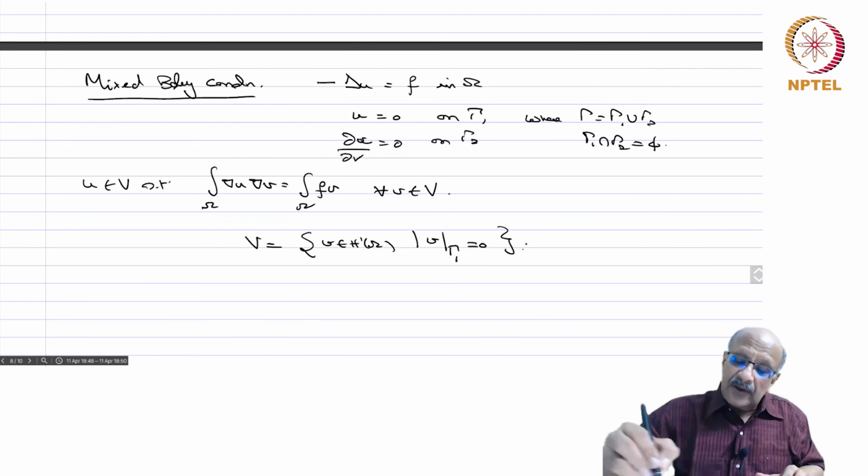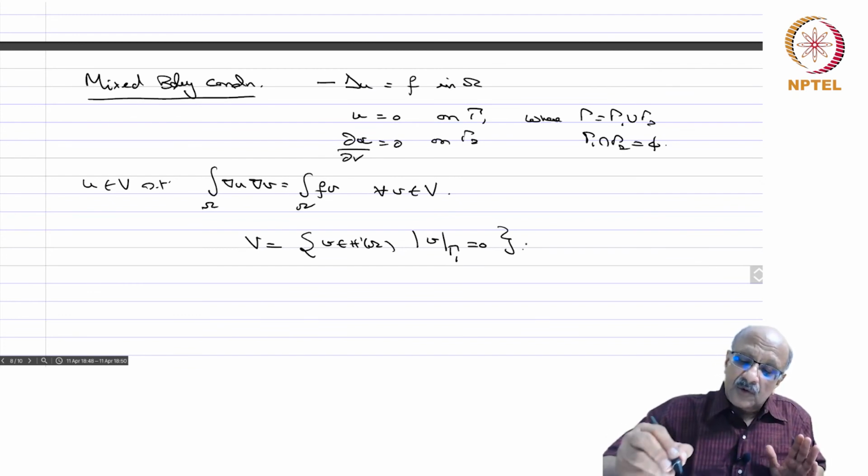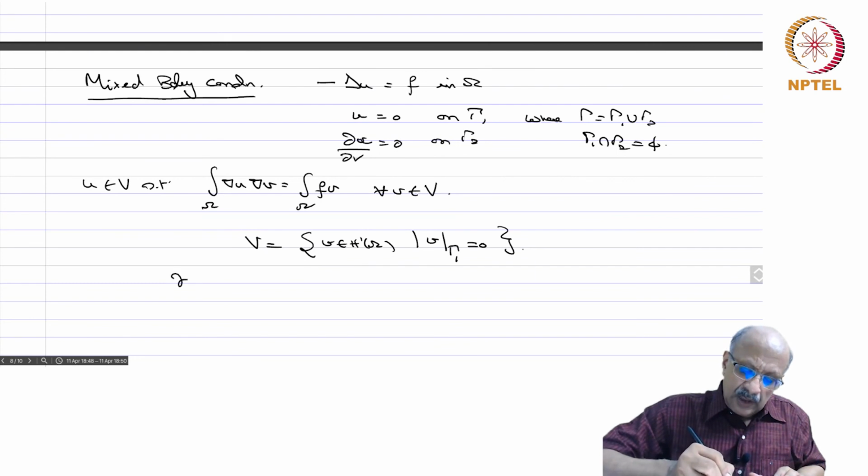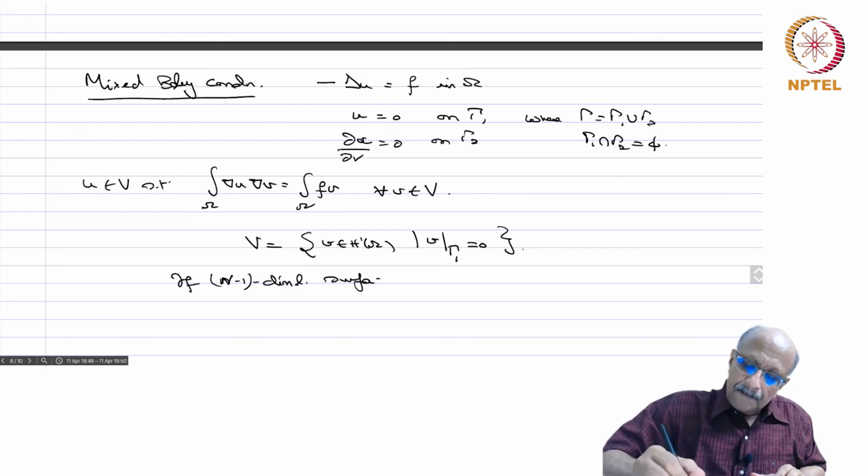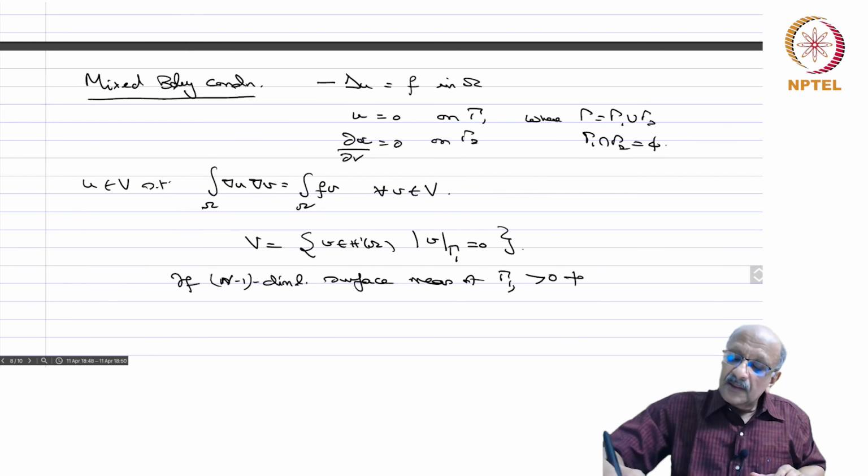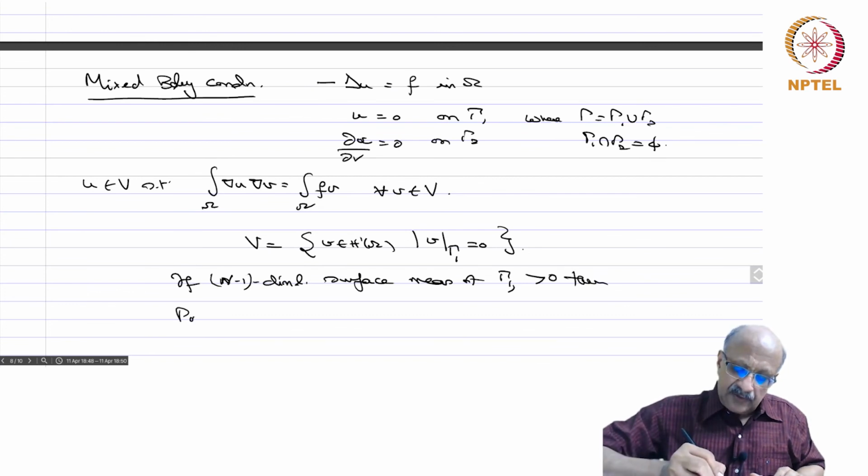So you take the trace and then its restriction to gamma 1 should be equal to 0. If the n minus 1 dimensional surface measure of gamma 1 is strictly positive, then Poincare still holds.